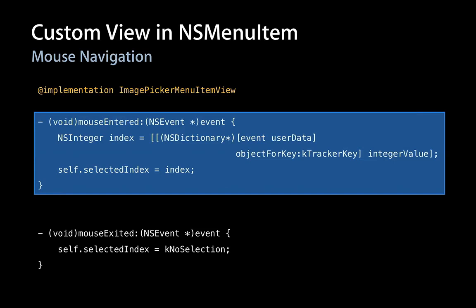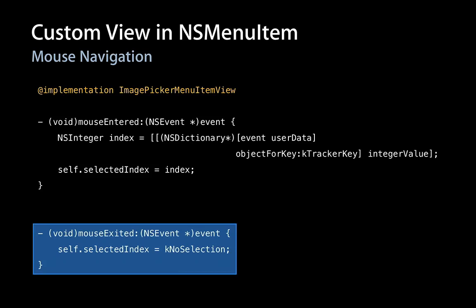I'm not going to show you the code for it, but in the implementation, I've actually created a custom setSelectedIndex setter method for this property. And in that setter method, I make sure that whenever the index changes, I call self setNeedsDisplay. That way, at any time, for whatever means the index changes, we know that we need to redraw with the proper selection.